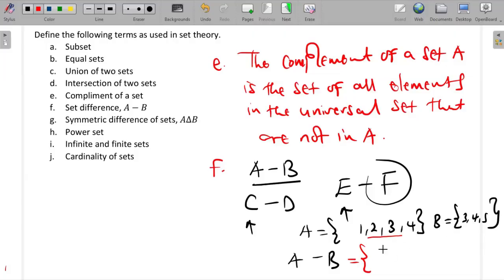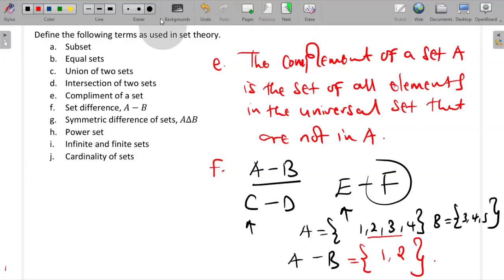You see that 1 is just in A, so it will be in the difference. 2 will also be in A, so it will be in the difference. But 3 and 4 are also in set B, so I can't include them in this difference. So I'm just going to say we have 1 and 2. Okay, so that's the set difference.